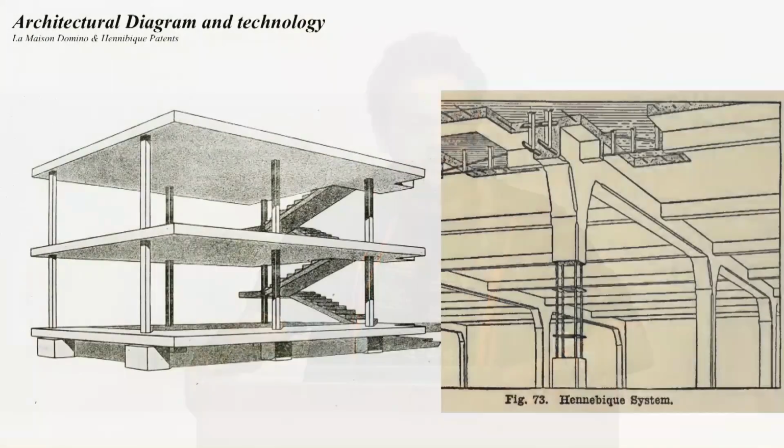And the same can be said about the other 20th century phenomenon of the Maison Domino and how it spread through all our cities. It's not only because Corbusier came up with this diagram and made it accessible to a much wider audience, but also because it went hand in hand with technological progress, the trade schools, new ways to calculate behavior, and new materials like reinforced concrete, and new patents on how to use concrete along with reinforcement.